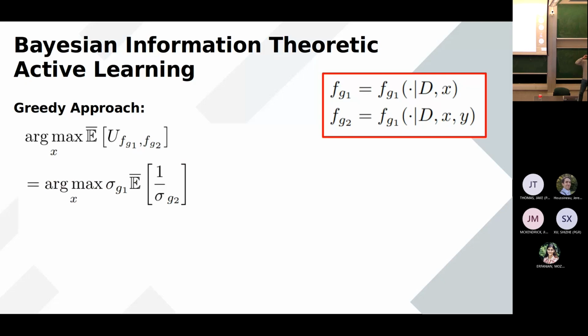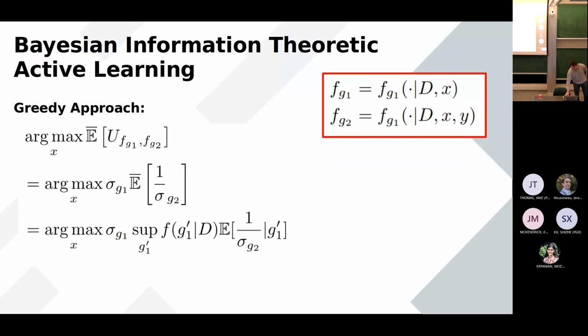So plugging in the standard deviations that we had before, we already know what the uncertainty at the moment is, so that can come out of the max expected value, and then we're left with the maximum expected value of 1 over the new standard deviation. And just putting in the formula for maximum expected value, we have the supremum of the possibility of that latent function value times the expectation of the 1 over the standard deviation given that latent function.